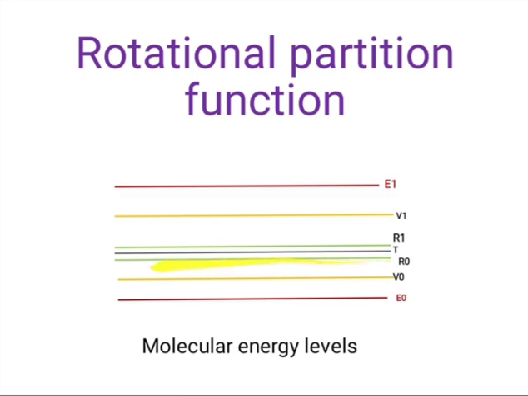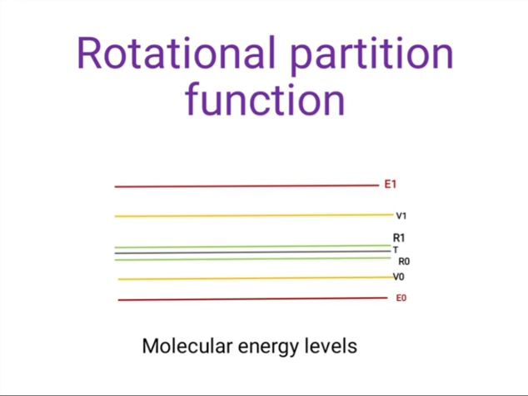Then there are the rotational energy levels, which are placed inside the vibrational energy levels of a molecule. This R0 is the ground state. This green one is for the rotational energy levels. R0 is the ground state of the rotational energy level and R1 is the excited state. Here the energy gap is less as compared to the electronic and vibrational energy levels.